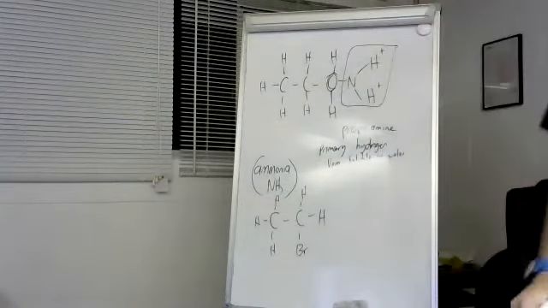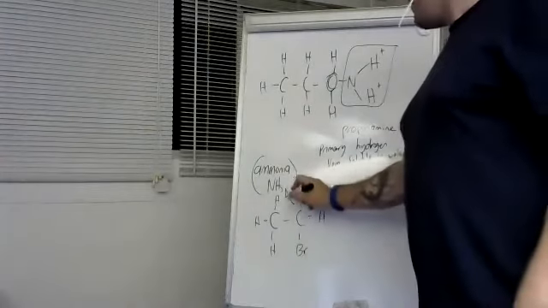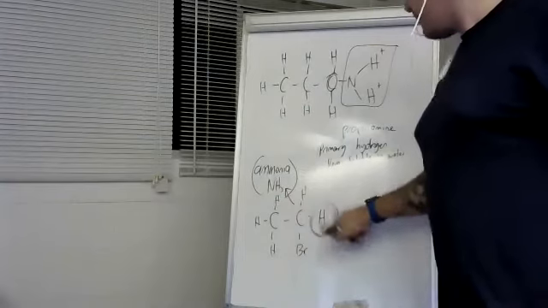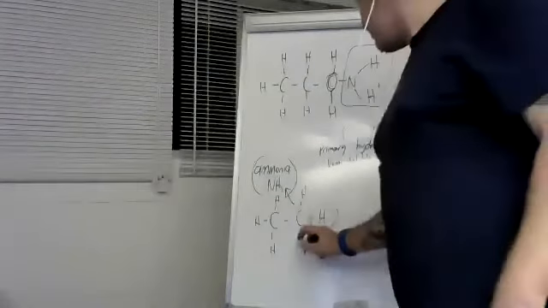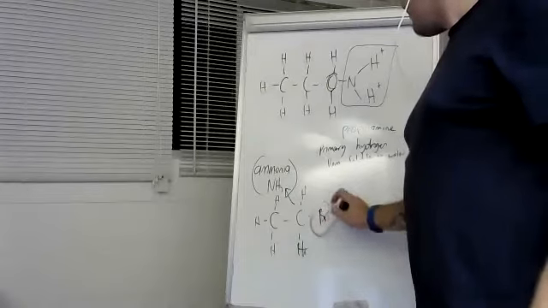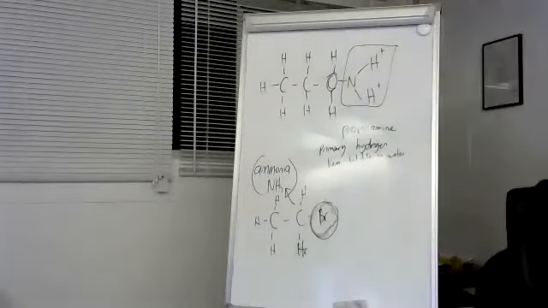So we've got a haloalkane, we add ammonia, we get a substitution reaction. Pretend that the bromine's over here. We get a substitution reaction here.